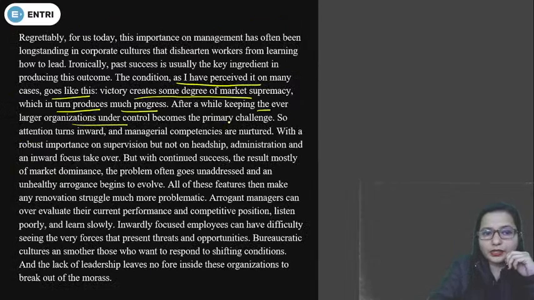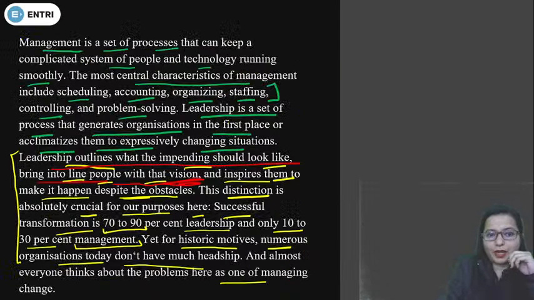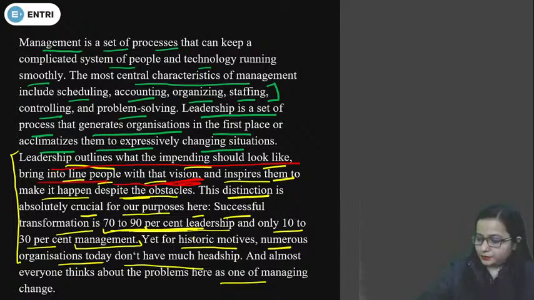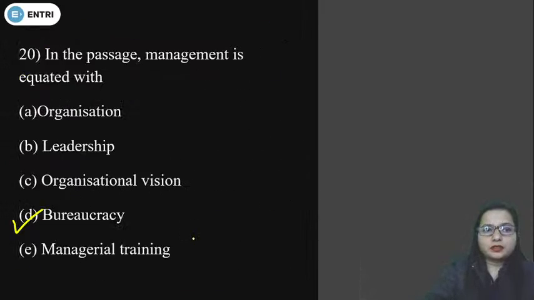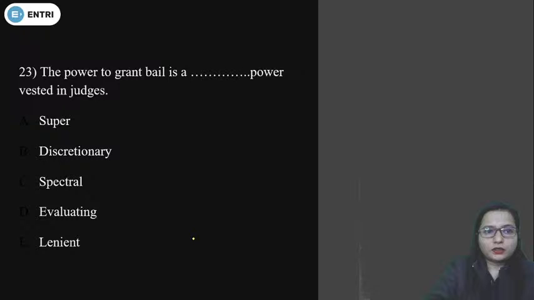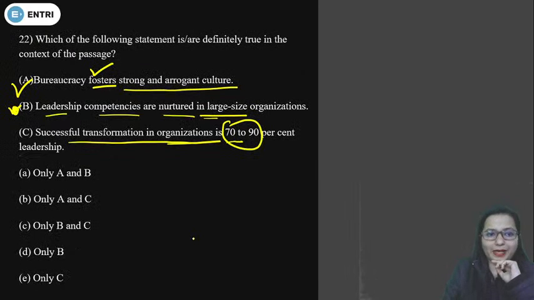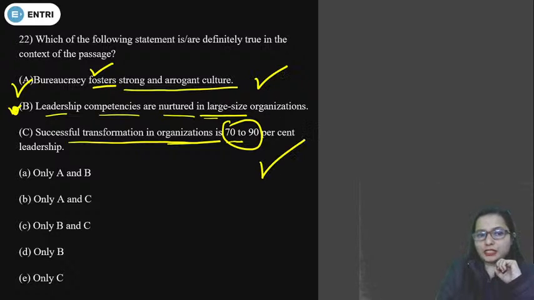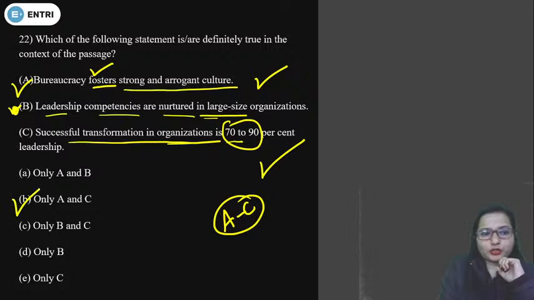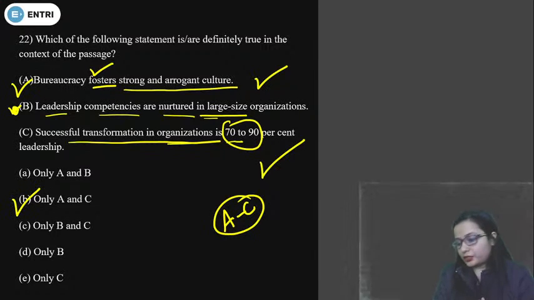We have already discussed it here in the first paragraph, right? So according to the passage, we can go with A option, also with the C option. So where can you find A and C? Here in the option B. Only A and C are the true statements according to the context of the passage.